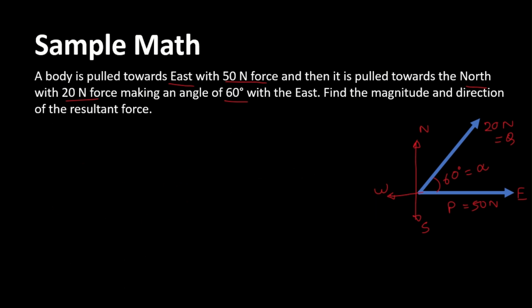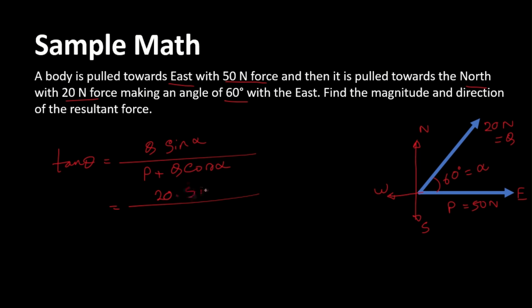On the other hand, the direction of resultant: tan theta equals to Q sin alpha by P plus Q cos alpha. Here Q equals to 20 sin 60 degree over 50 plus 20 cos 60 degree.